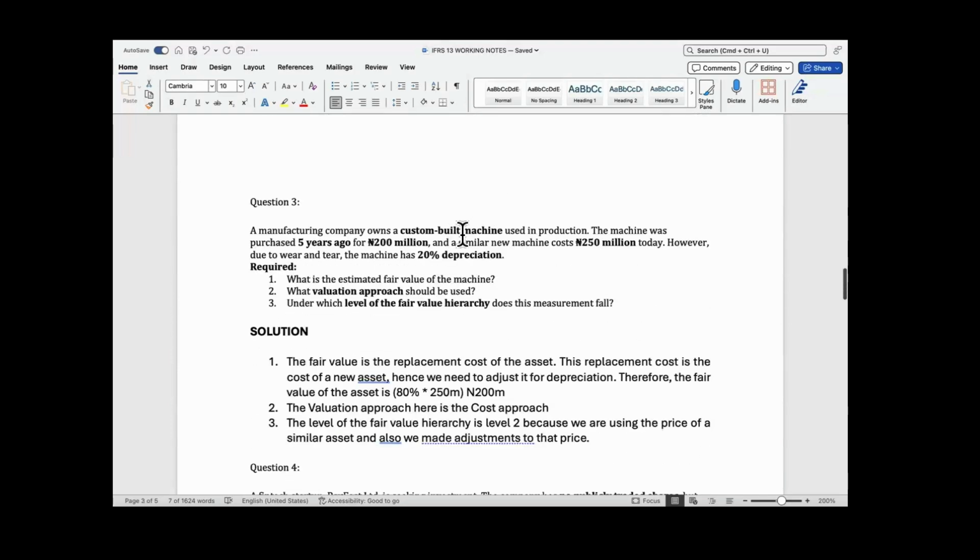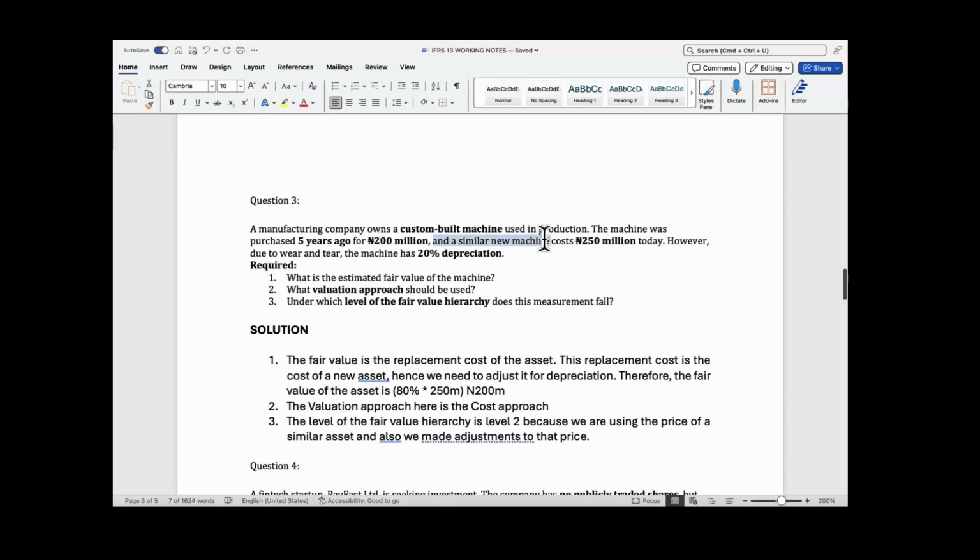In this third one, they give us the replacement costs of a similar asset. And I told you that this cost approach is this scenario. It is always a question like this that you find us using cost approach, which is the cost of a similar asset. That's a replacement cost. Because cost approach looks at replacement costs, it will not jive to use the cost of a new asset to now say it is the fair value of an asset that you bought 5 years ago.